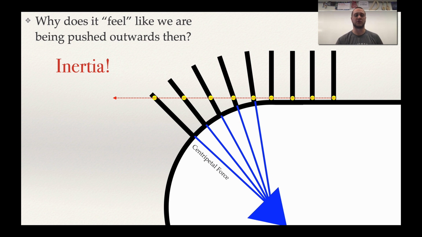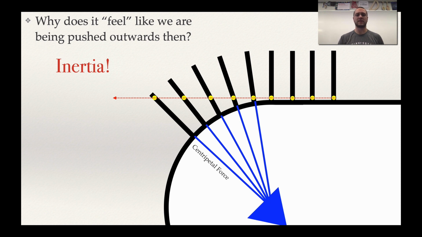It's because of the inertia. Remember, inertia is the property of an object proportional to its mass that resists a change in motion. Objects want to continue what they're doing until they're forced to change. In this case, the inertia of you, or whatever the object is that's moving, is moving in a straight line path.